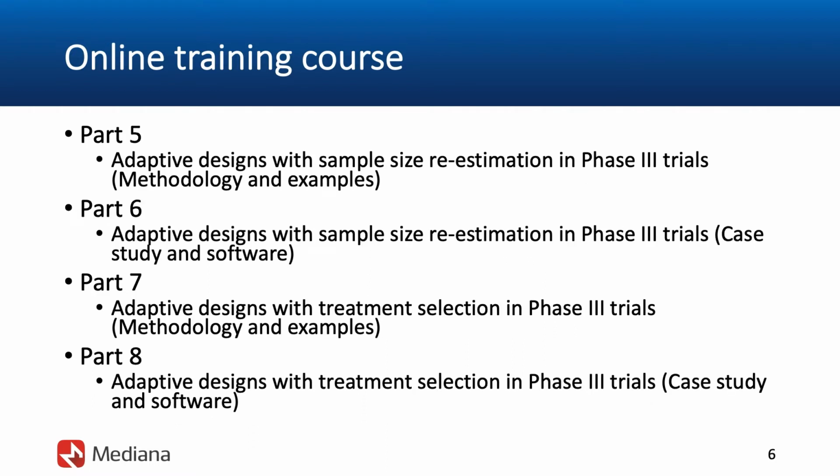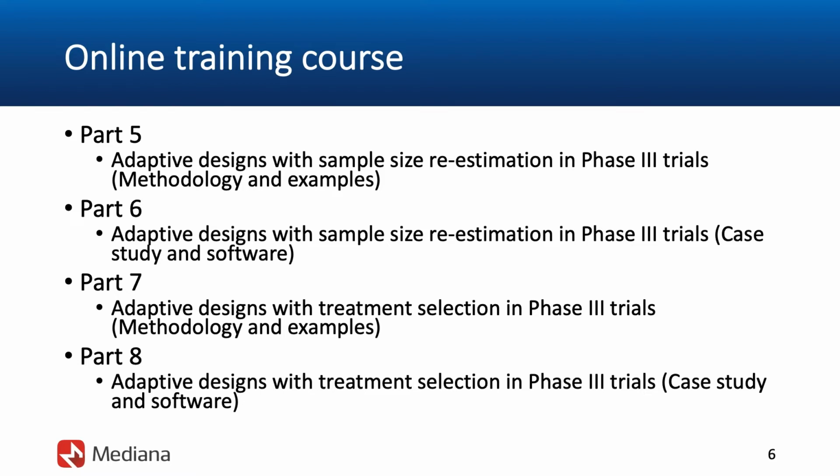Continuing to the next 4 parts, we're going to then proceed to a detailed discussion of statistical methodology and related topics in the context of adaptive designs that are used in phase 3 confirmatory trials. As you can see on the slide, we'll begin with a discussion of a class of adaptive designs that support rules for increasing the sample size. This will be part 5.